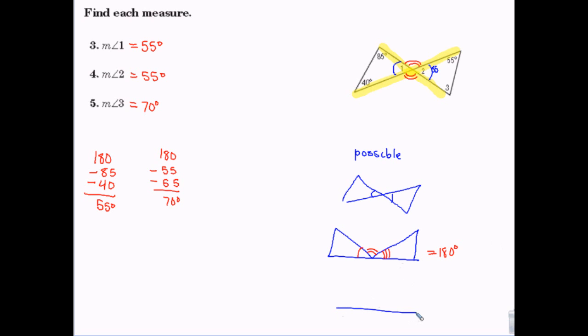Or you'll have something like this, where the two angles might add up to 90. And you know one, so you can find the other. So if there's triangles connected, they'll kind of work in that way. So you'll have equal to each other, they'll somehow add up to 180, or they'll add up to 90.